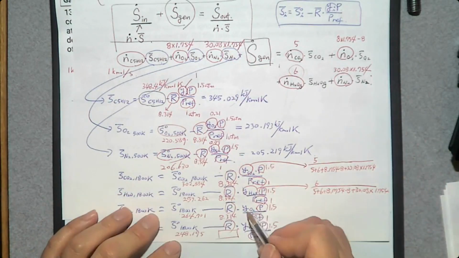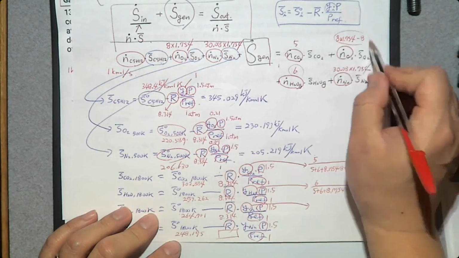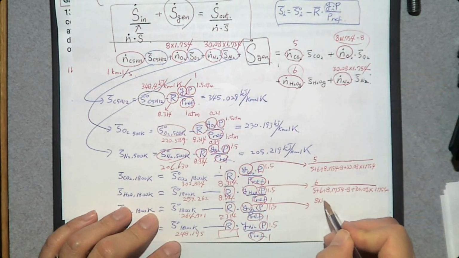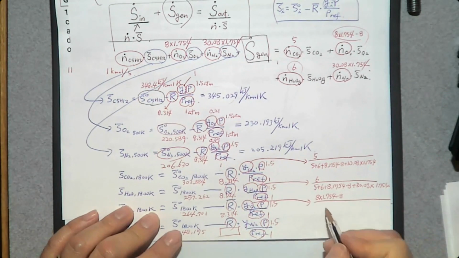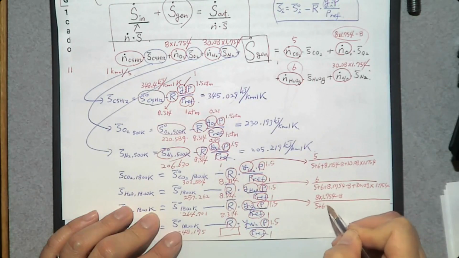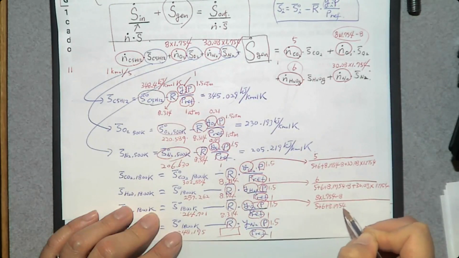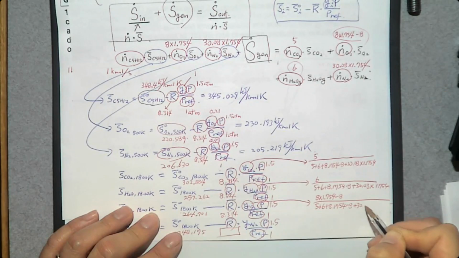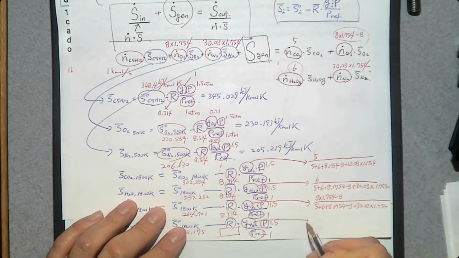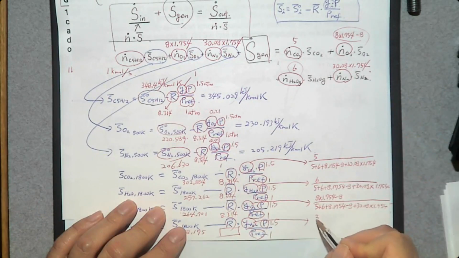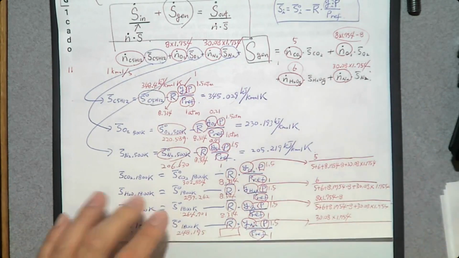Now oxygen. Where's oxygen? This one: 8 times 1.754 minus 8, divided by, do I have to write it again? Yeah. 5 plus 6 plus (8.1754 minus 8) plus 30.08 times 1.754. One more to go. What is the number of moles of nitrogen? 30.08 times 1.754 divided by the total number of moles.